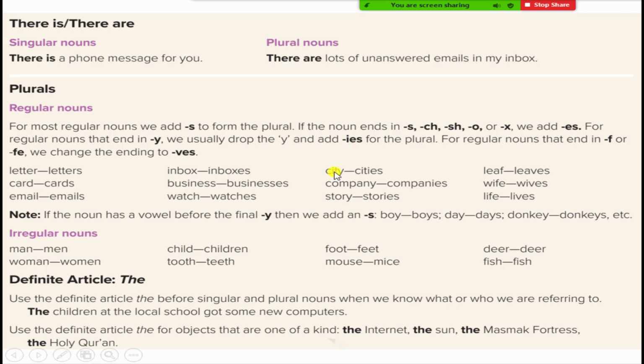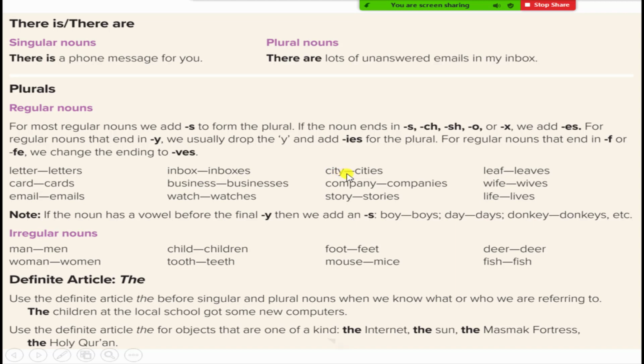Example, city, cities, company, companies, story, stories. Here, take care: the y is preceded by a consonant. T is a consonant, n is a consonant, r is a consonant. The condition here, guys, is that the y comes after a consonant letter.